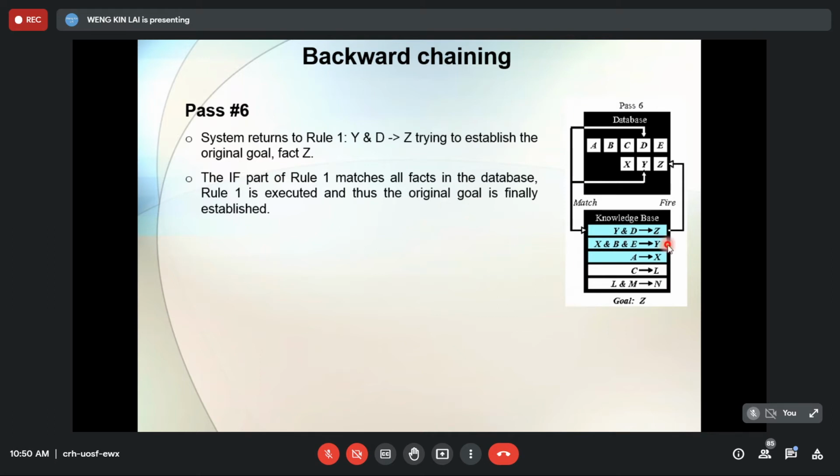So the first rule now will have all the facts in my database, your Y and your D. Therefore, the original goal, the original aim of your reasoning, which is goal-driven, which is backward chaining, is now finally established. You finally get your Z.